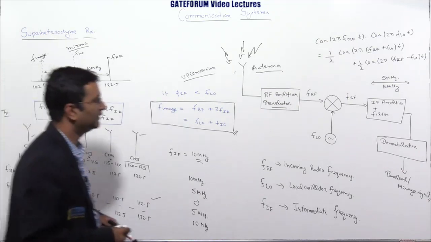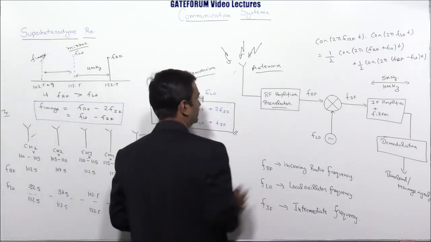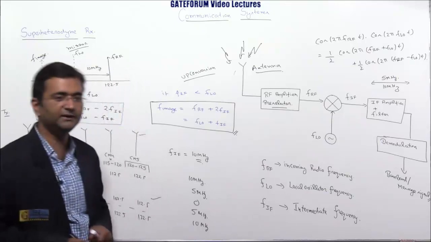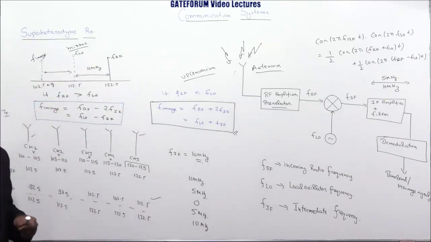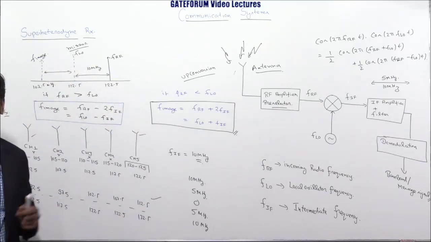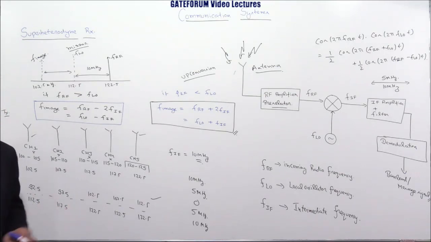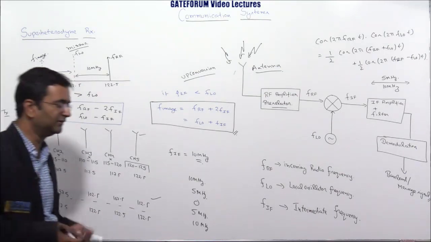The image frequencies can be removed using a preselector, which is one technique. What could be the other technique? The other technique is the selection of FIF. If you choose the FIF in such a way that the image frequency goes out of band, then the image problem is resolved.